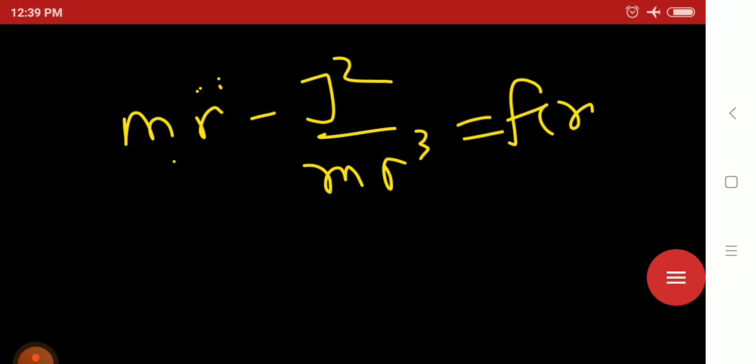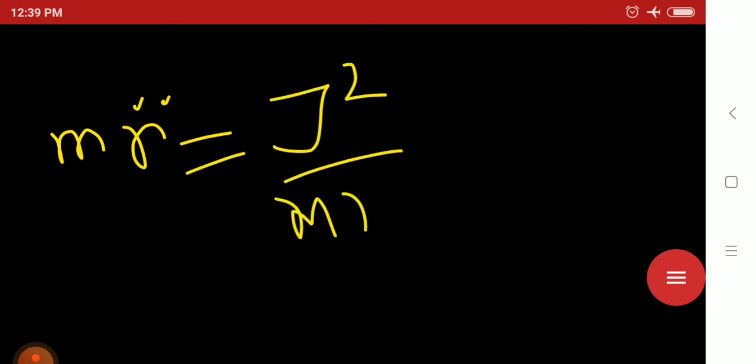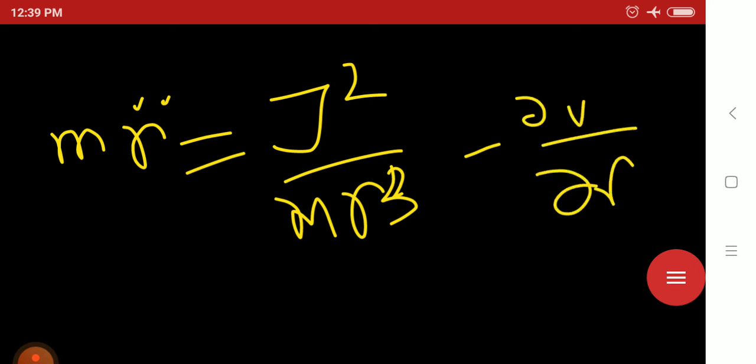Writing again clearly, m r double dot equals J square by m r cube minus del V by del r.